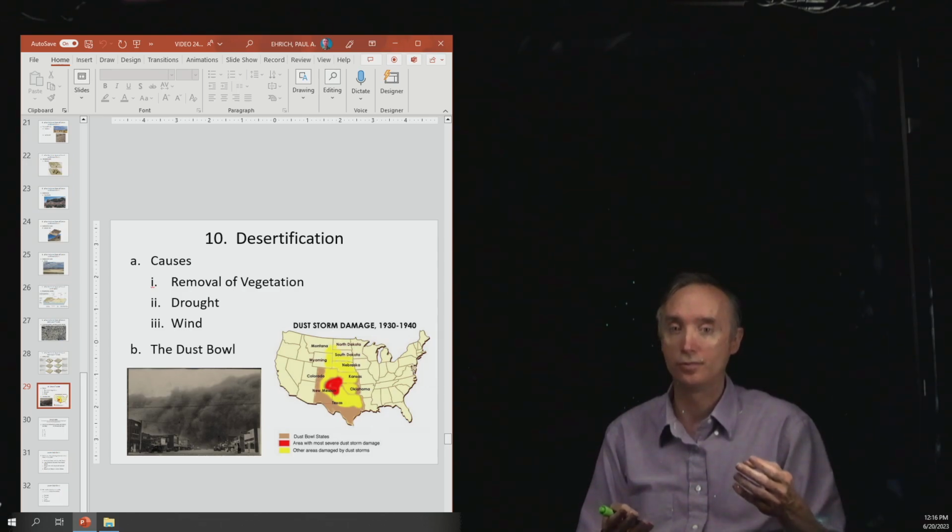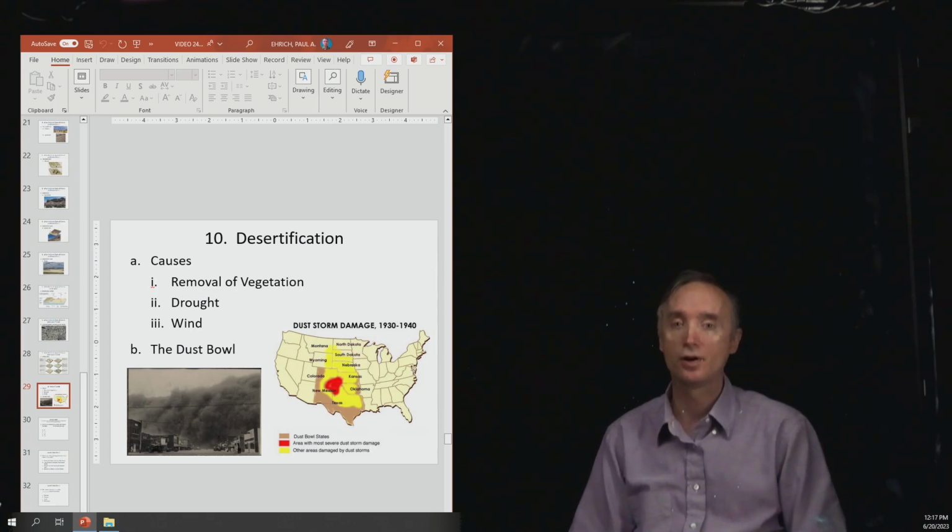Now, today we still have dust storms of that magnitude, but they normally occur in Australia. If you want to see an example of one of those, go to the internet and just type in Australian dust storm.